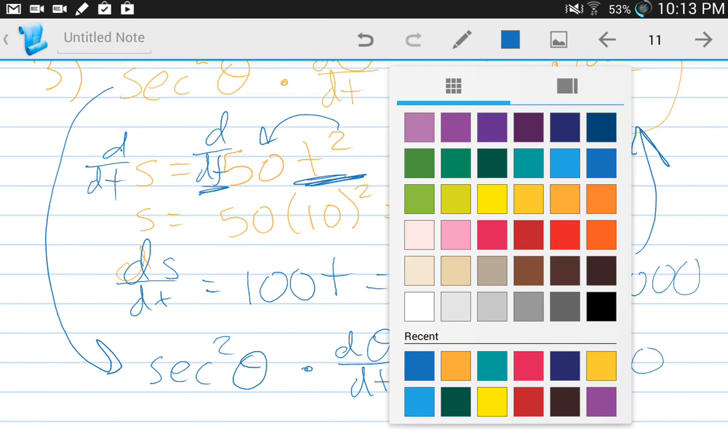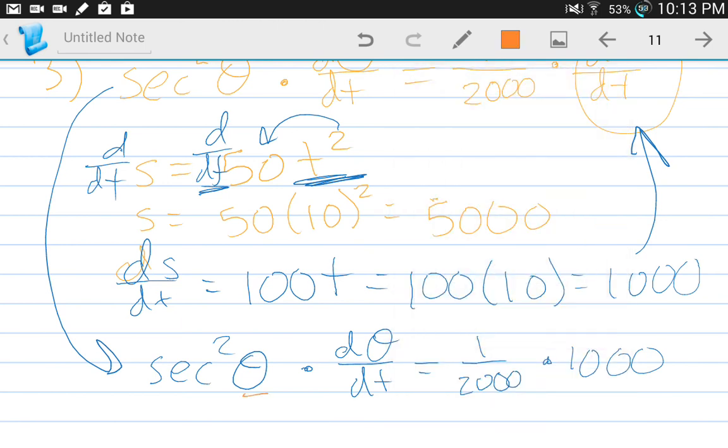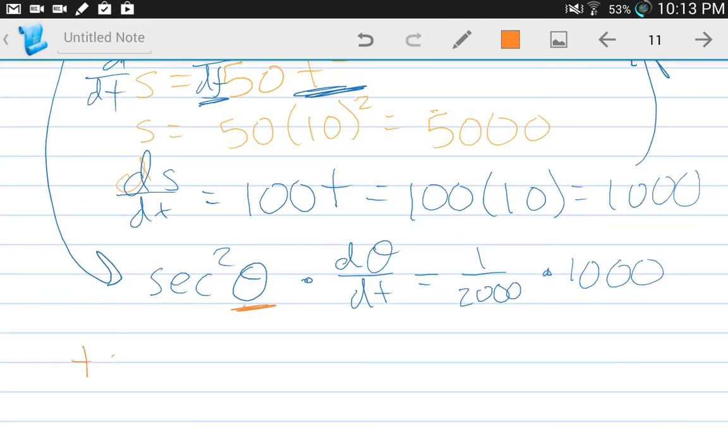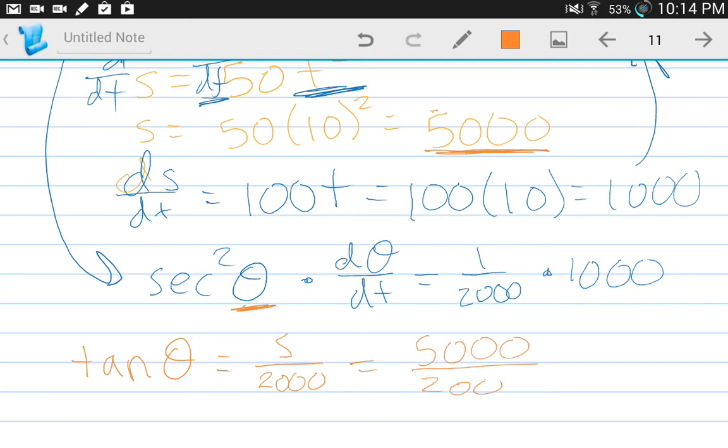Okay, next we want to figure out what theta is, and in order to figure out what theta is, we have to use our original equation, which was tangent theta equals s over 2000. And now we do know what s is, right? We solved for s and we got 5,000. So we're going to say tangent of theta equals 5,000 over 2,000.